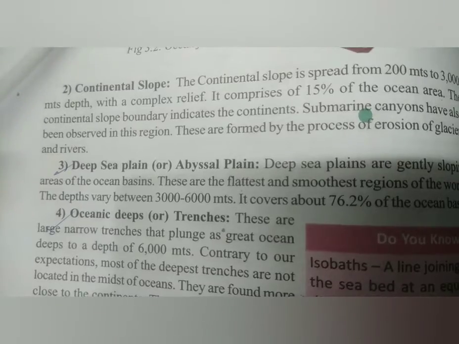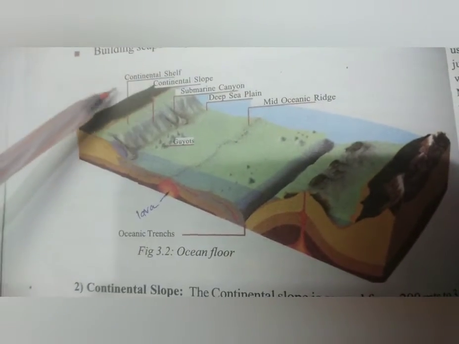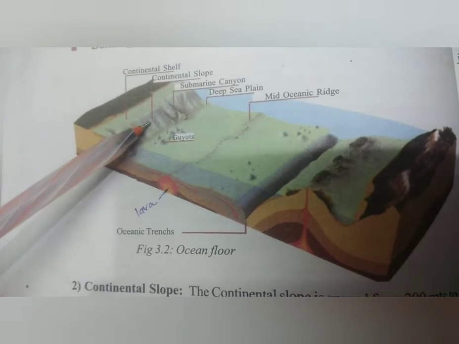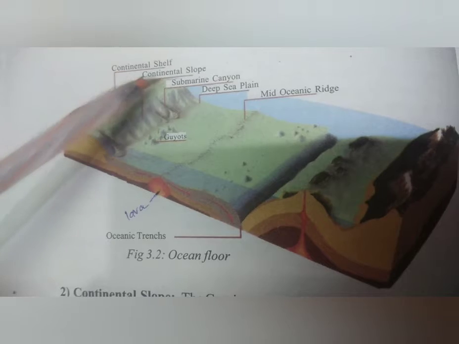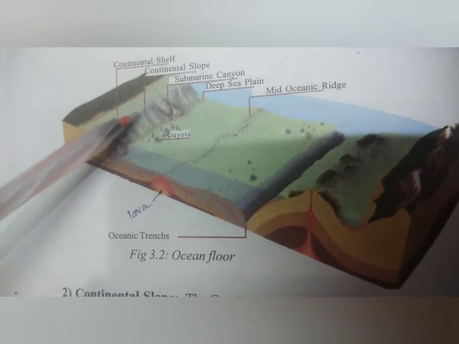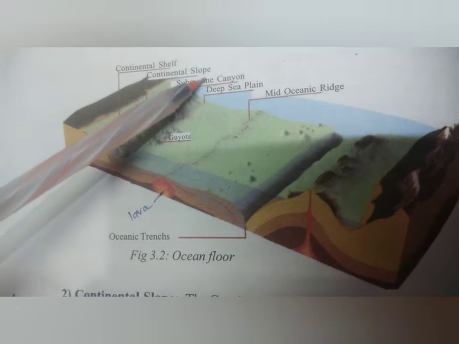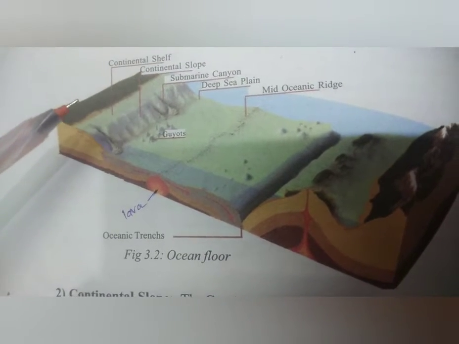Now see the figure here. This is known as the continental shelf, and this is the depth area. Next is the continental slope. First one is the continental shelf, second one is the continental slope. In that, what do we find?